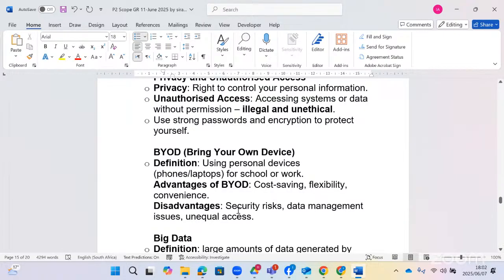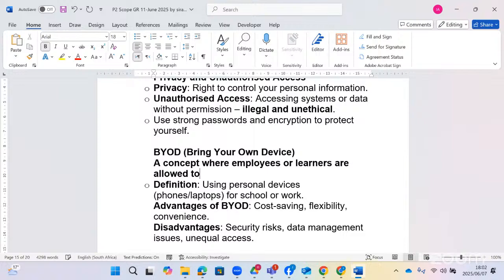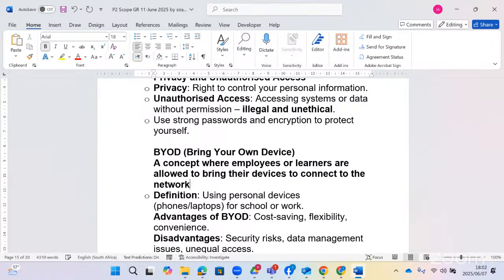You must also know BYOD. That's a concept whereby employees or learners are allowed to bring their devices to connect to the school's network or the employer's network.